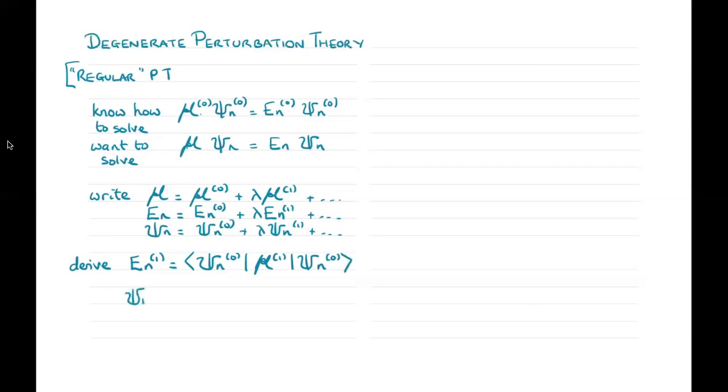And we can also derive the first order correction to the wave function, which is a linear combination of the zeroth order wave functions with coefficients given by this integral divided by the energy difference between energy levels n and k.